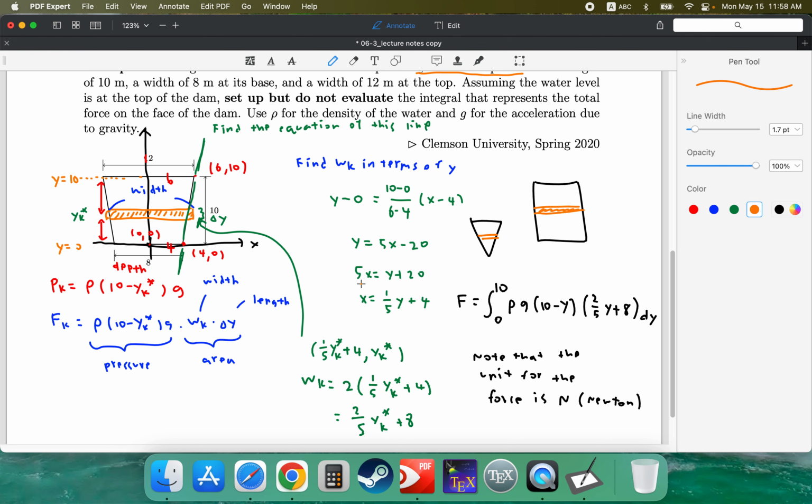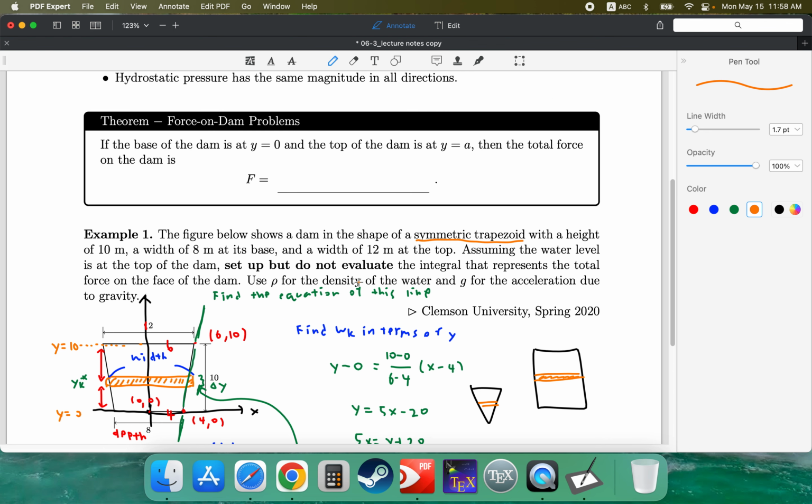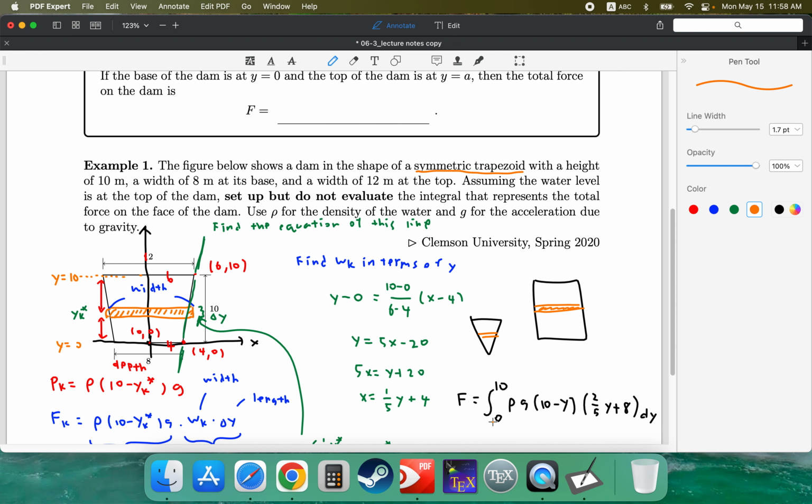Now before we finish this lecture, let's take a look at the formula. Again, the force is pressure times area. So let's write it down. We have the integral, we have rho g, times the depth.